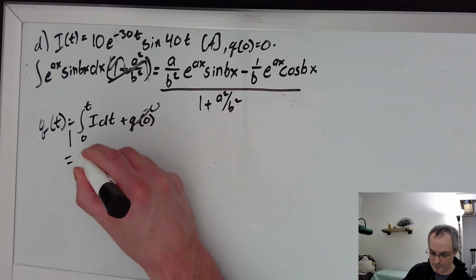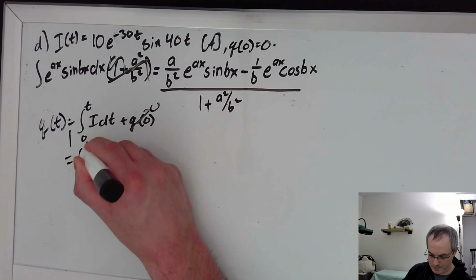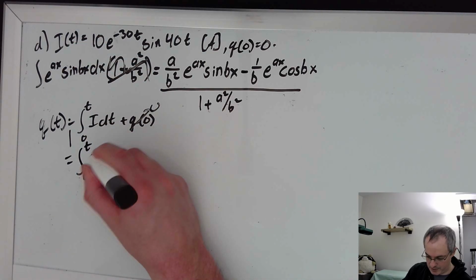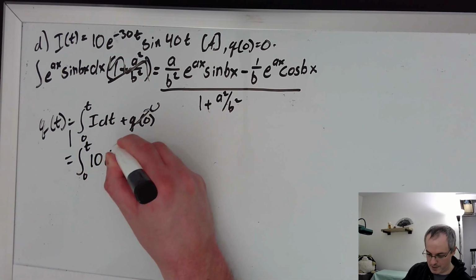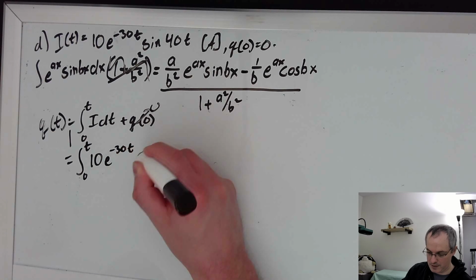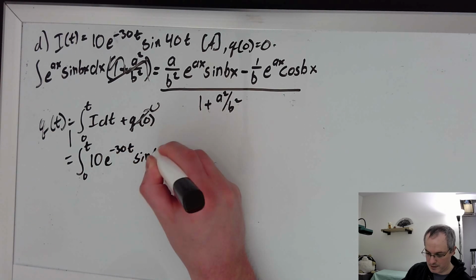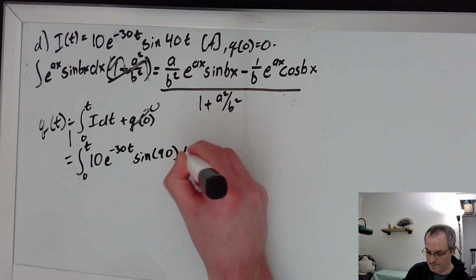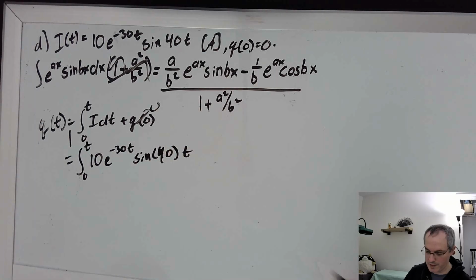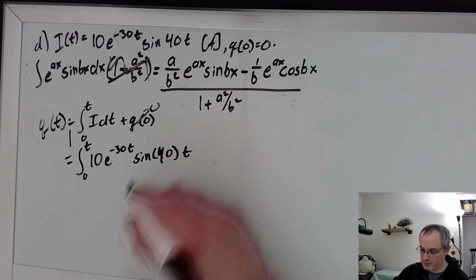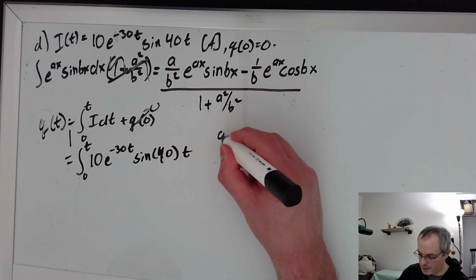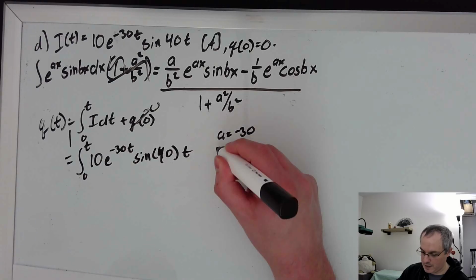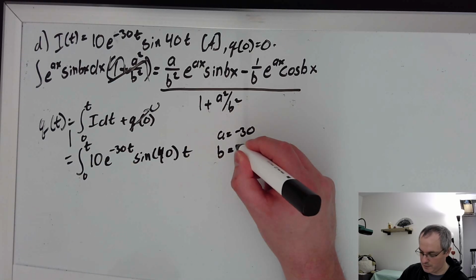So this is the integral from 0 to t of I, which is 10 e to the minus 30t sine 40t. It's a 40. Okay, so according to our formula, a is equal to minus 30 and b is equal to 40.